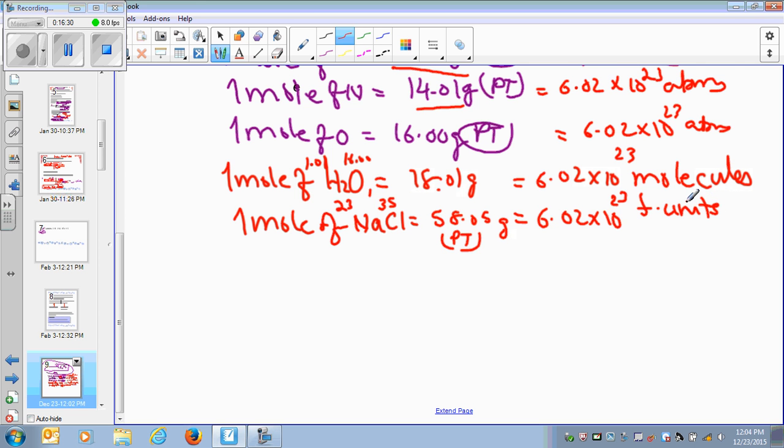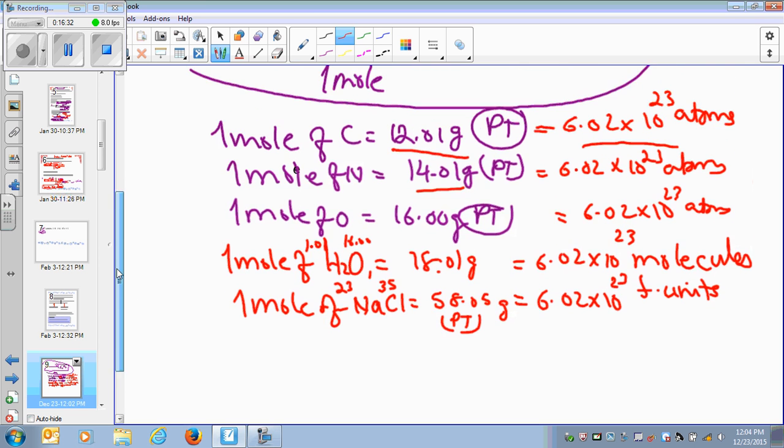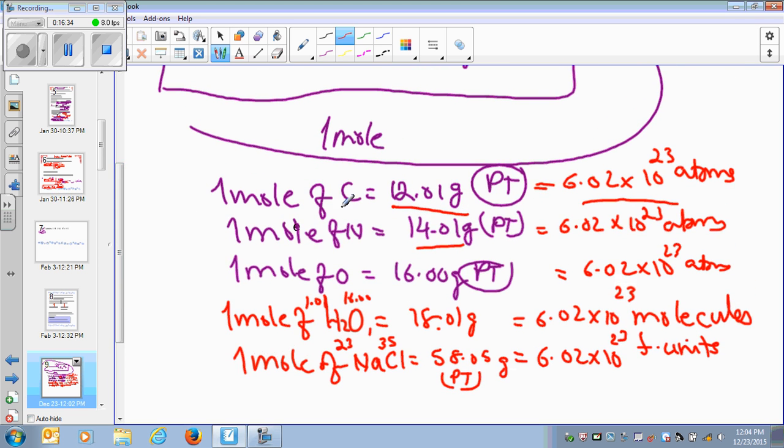So please pay attention that I can change the element. I can change it to a compound. I have the elements here and I have the compounds here. With changing the element, what is changing? The masses are changing, right? All of this is changing because I'm getting this from the periodic table. Every element has a different mass. But what stays the same?